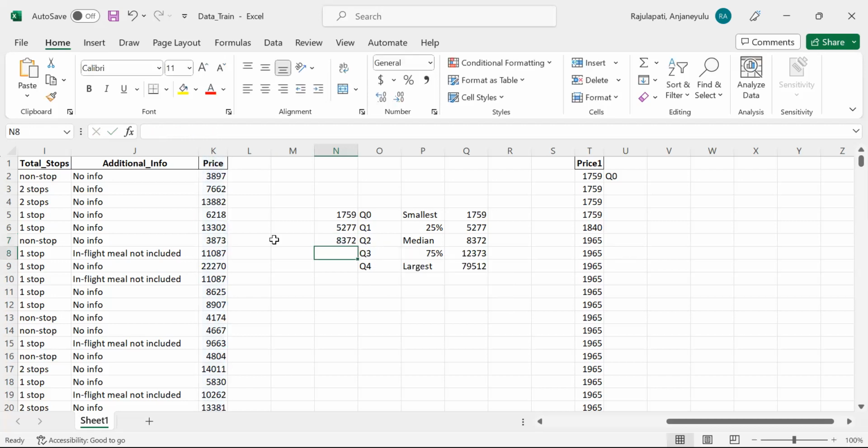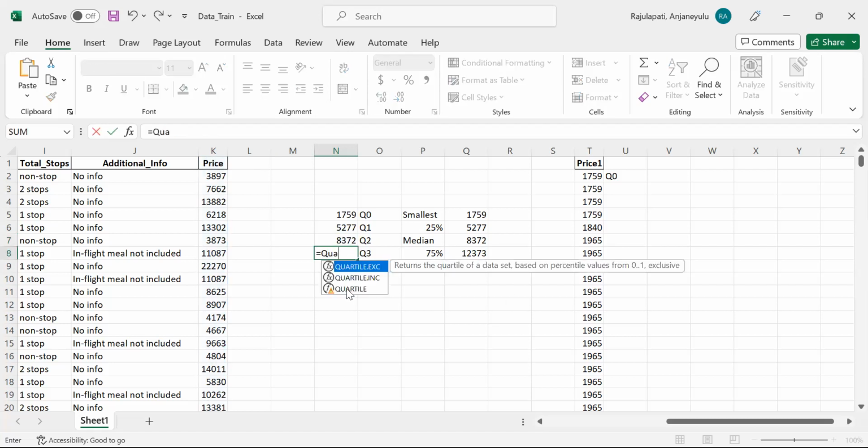And I want to find quartile 3. Simply we can go and find quartile 3.